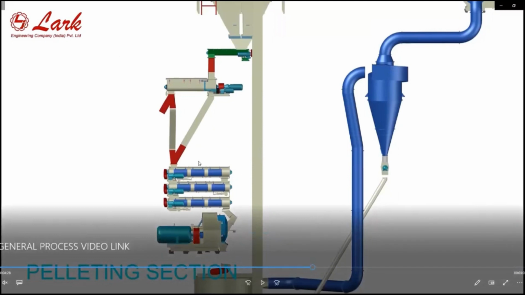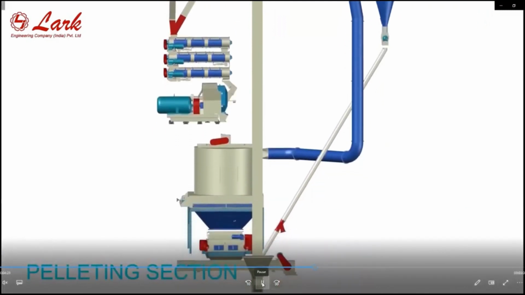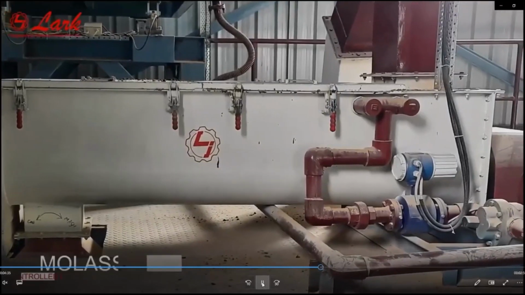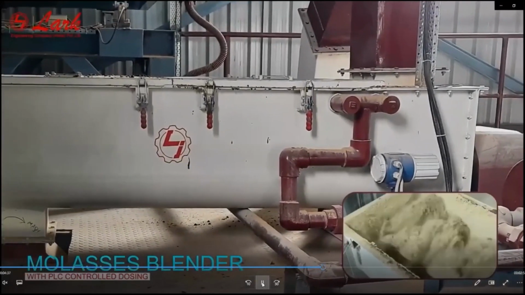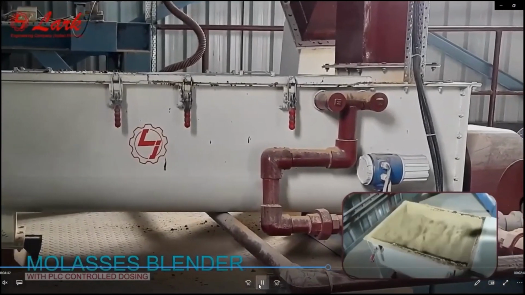So for that, we are providing two conditioners with direct steam addition and one retentioner with the help of a VFD. With the help of the VFD, we can increase or decrease the retention time required as per the recipe and as suggested by the nutritionists.